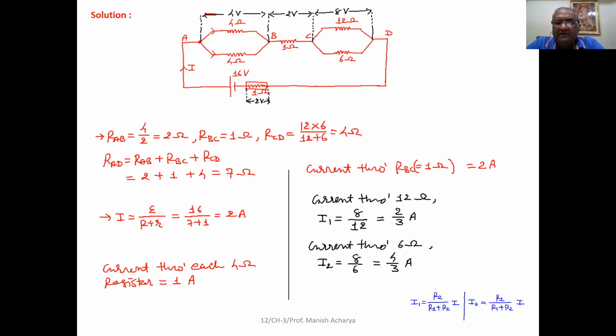For that, we have the equation: I1, the current through resistor R1, is R2 upon R1 plus R2 into total current I, and I2 equals R1 upon R1 plus R2 into I. The resistor which you call R1, through it you take current I1, and the resistor which you call R2, through that you take current I2. So your total current I will be distributed in both the resistors as per this equation. Note down this equation.